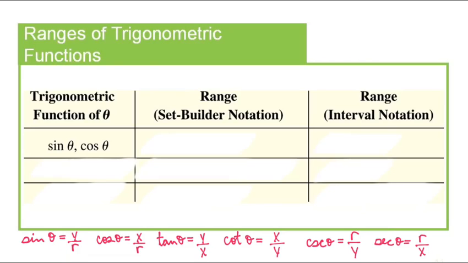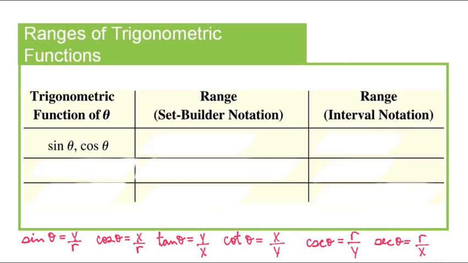Or at the very most, remember when we had quadrantal angles, y could be equal to r, or x could be equal to r, but we know for sure that y and x can never be bigger than r. So that means that the value of sine and the value of cosine is always something less than or equal to 1. It can be positive or negative, but it's always stuck between -1 and +1.